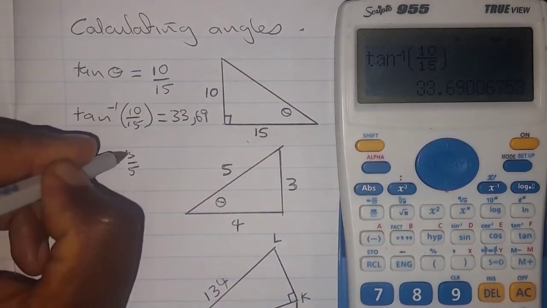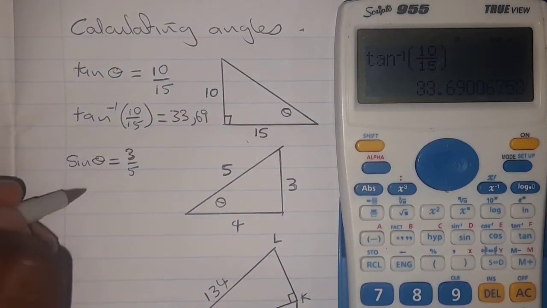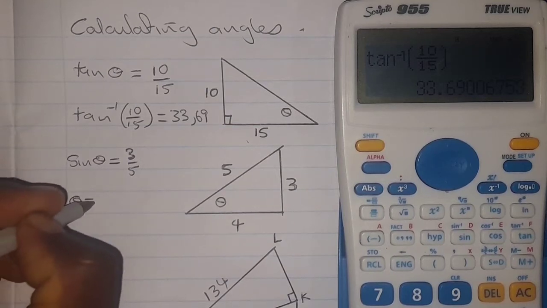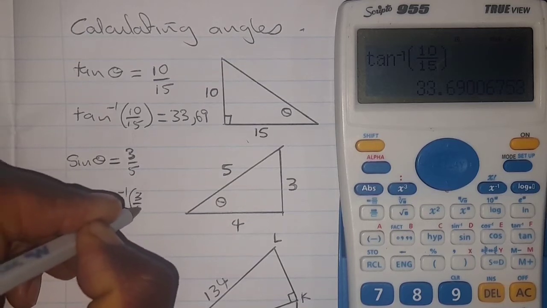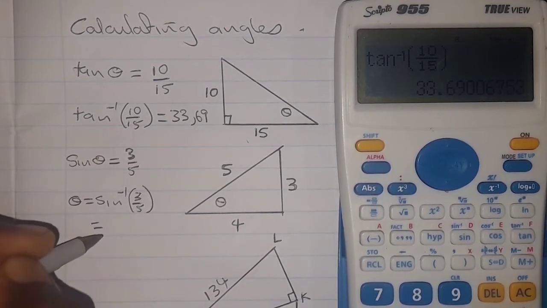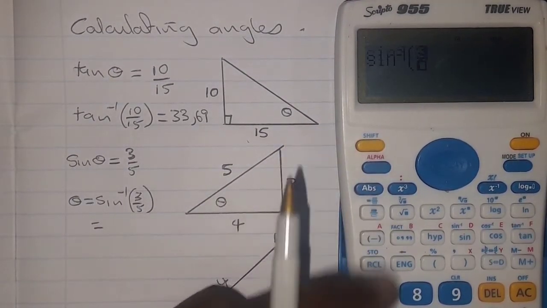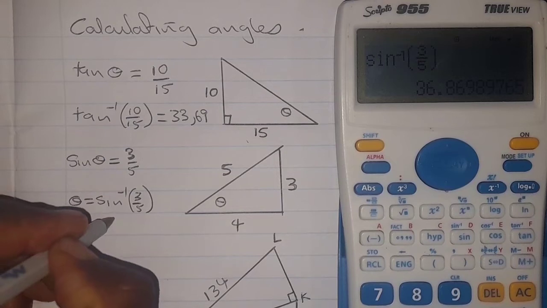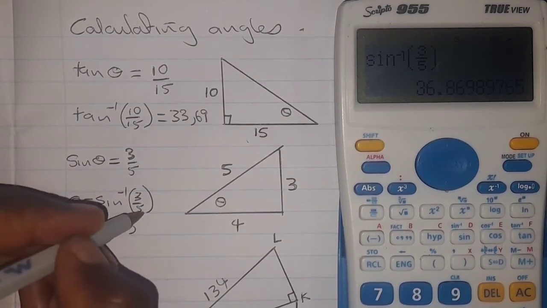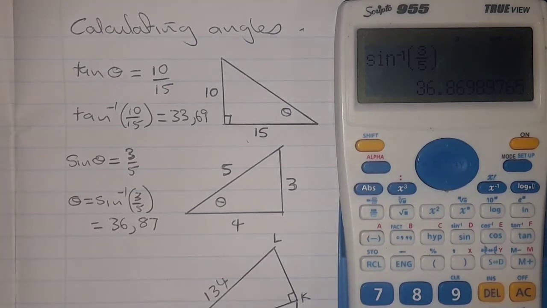So using sine, our theta is equal to the inverse of sine 3 over 5. On your calculator, second function, sine 3 over 5 is equal to 36.87, rounded off to the nearest 2 decimal places.